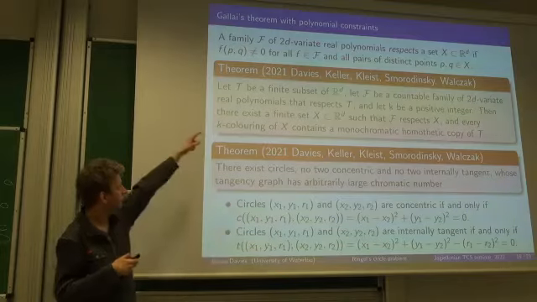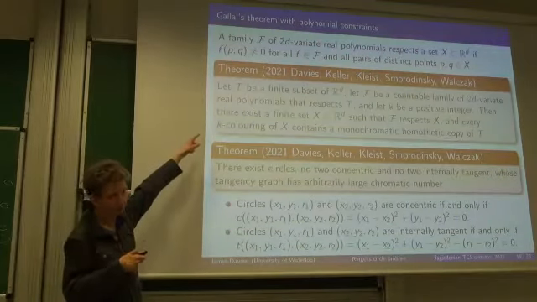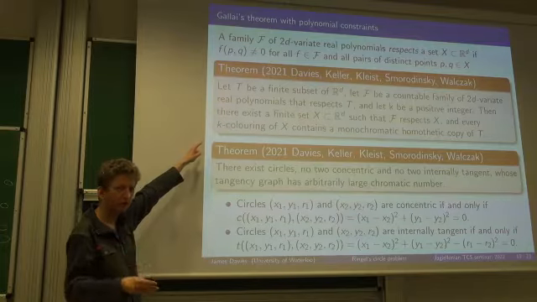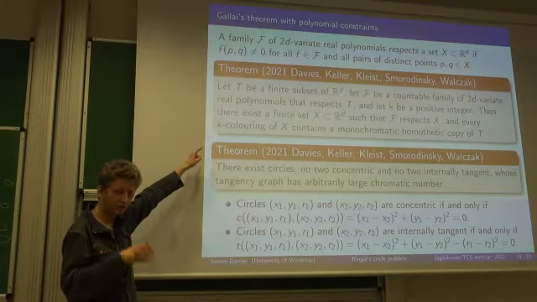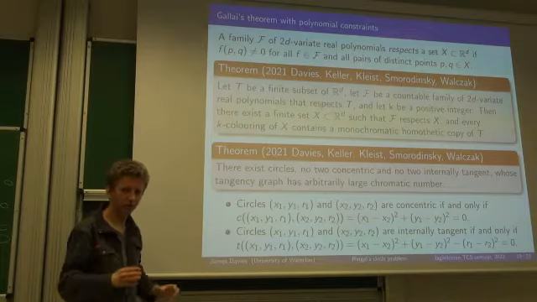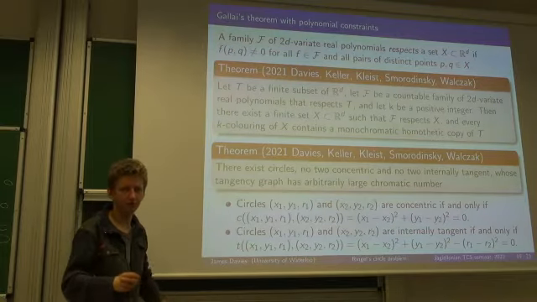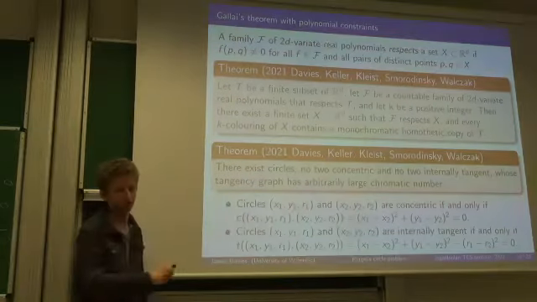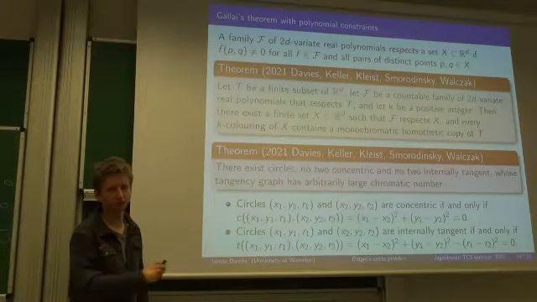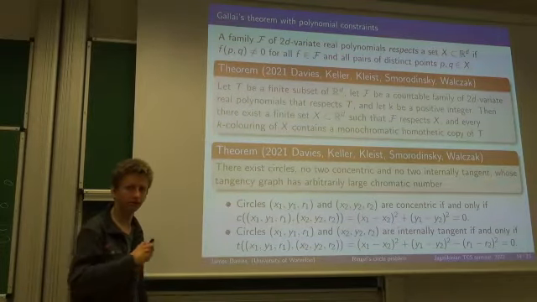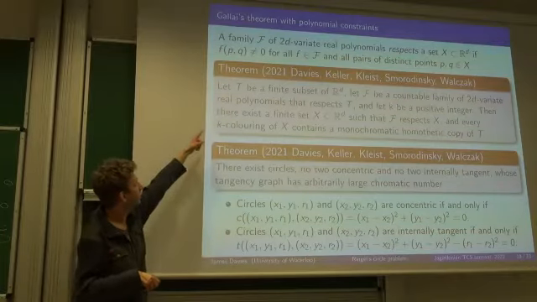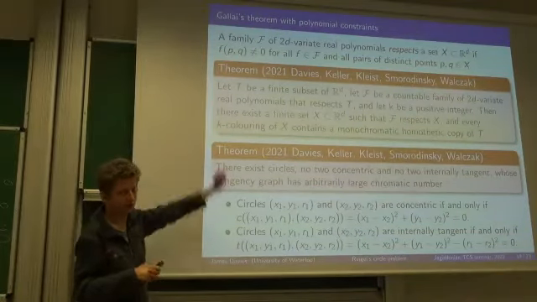So basically, once we have this restricted Gallai theorem, by using that instead of the regular Gallai theorem, we know that these Gallai circles we get from our construction earlier, none of them will be internally tangent, and none of them will be concentric. And that enables the construction to work. So all we need to finish this solution to Ringel's circle problem is to prove this restricted Gallai theorem.